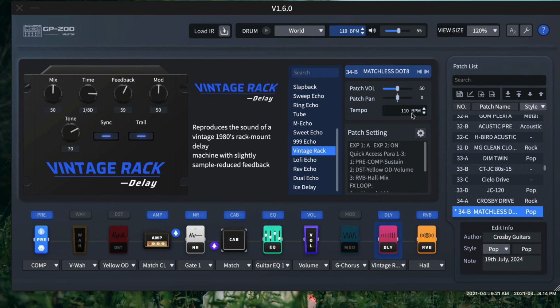So basically, that's what a sync function does, switching between normal time and music notation time.